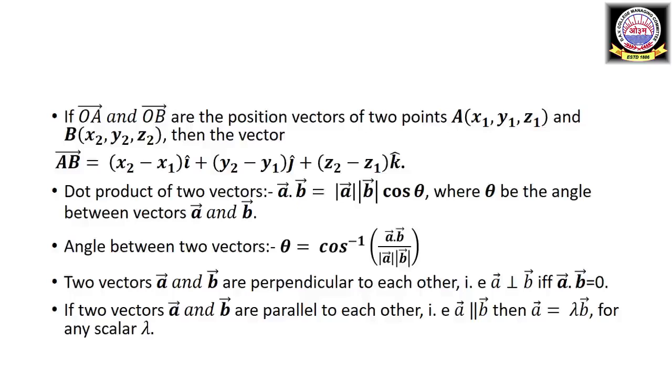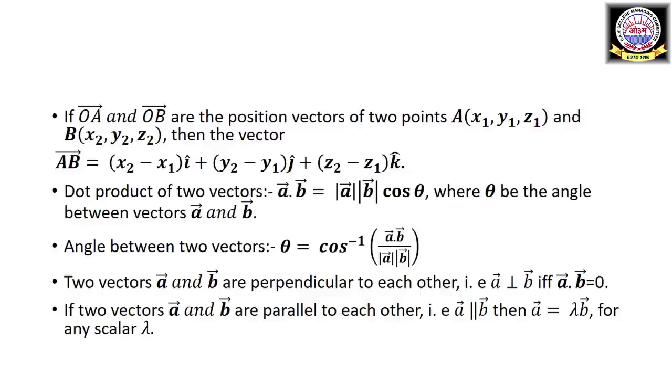Similarly, point B having coordinate x2, y2, z2. So, what is the name of this AB vector? How is this AB vector represented? If you use the triangle sum property, I am not describing details.